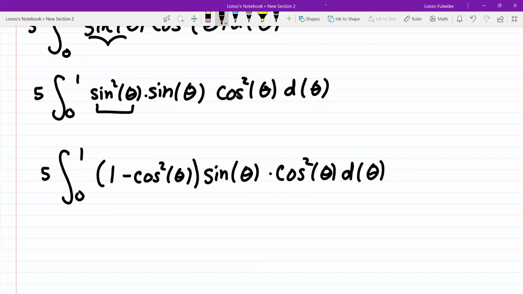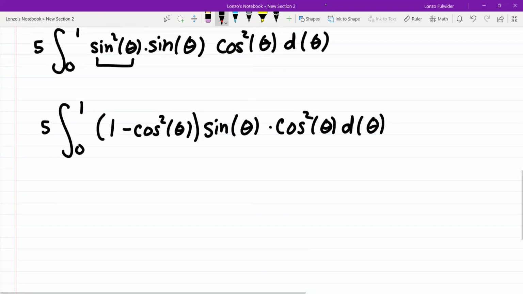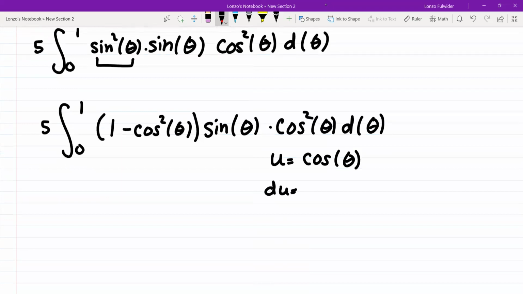I guess what we can do is use u substitution. And I believe our u would be cosine theta. And then du would be, the derivative of that would be negative sine theta d theta. So will that work? Yes. So that would work out nicely.